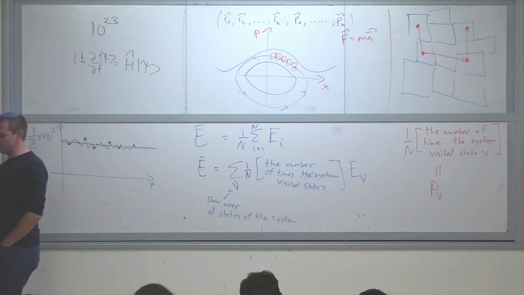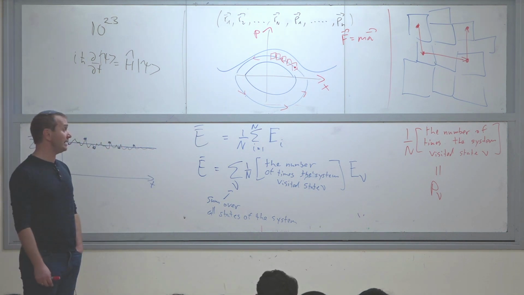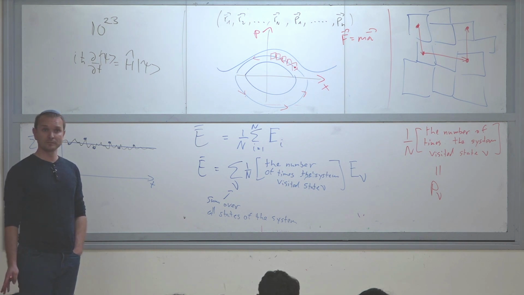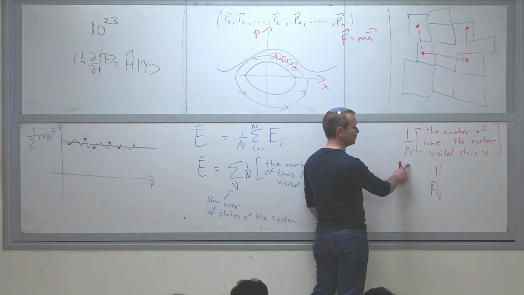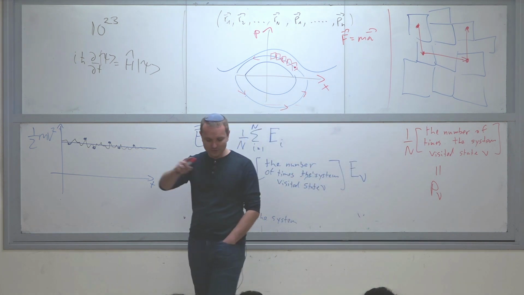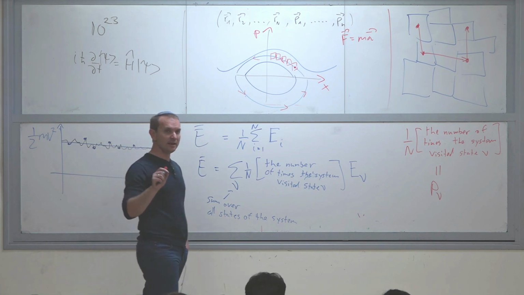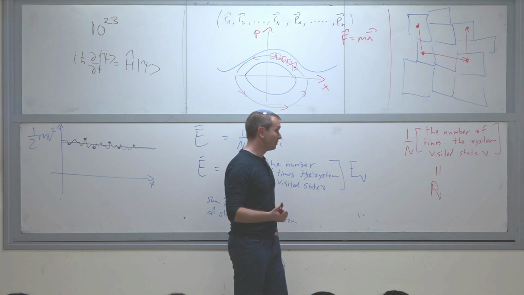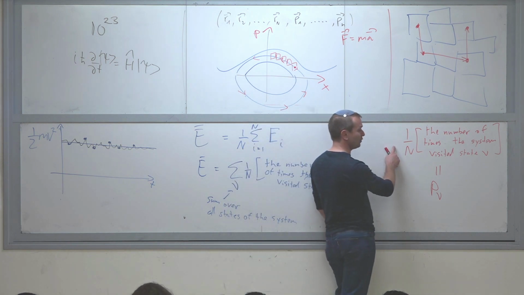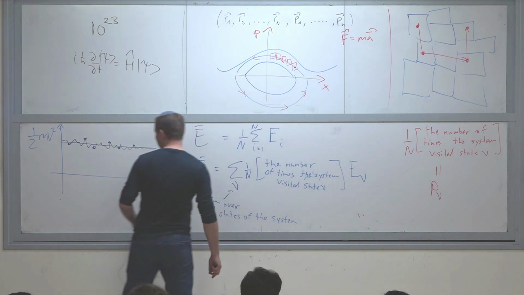The probability to observe state ni. So this statement says that if I follow the system and count the number of times that I visited state ni, and divide it by the total number of my measurements, this ratio is the probability to observe state ni.